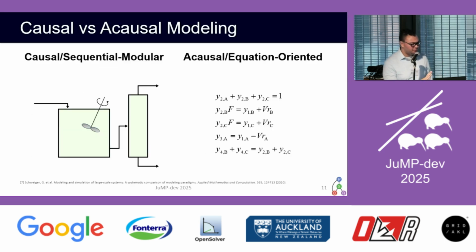So there are really two main approaches to modeling and simulation: causal, sequential, modular, and acausal or equation-oriented. In the causal approach, we have to derive an explicit representation of the outputs in terms of the inputs. So we have to go through each stream and each unit operation to define that relationship.